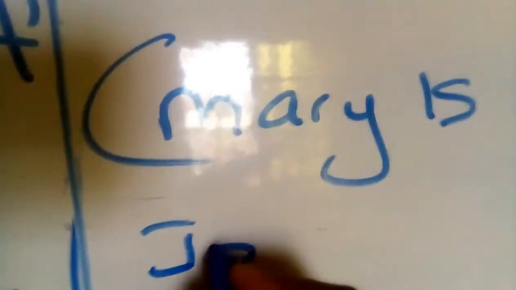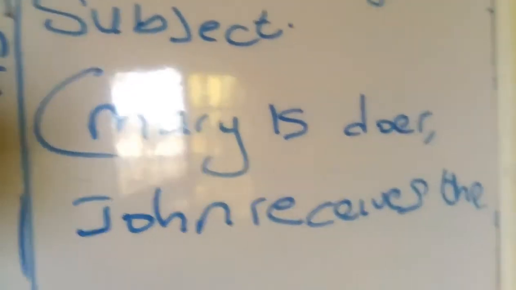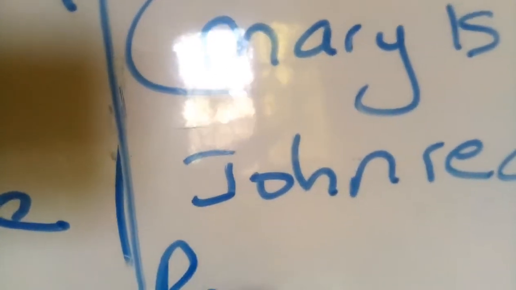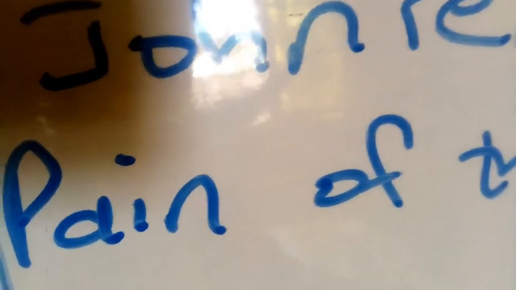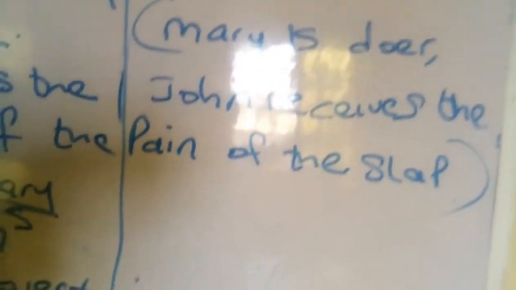Mary is the doer. John receives the pain of a slap. So object receives the action performed by the subject.